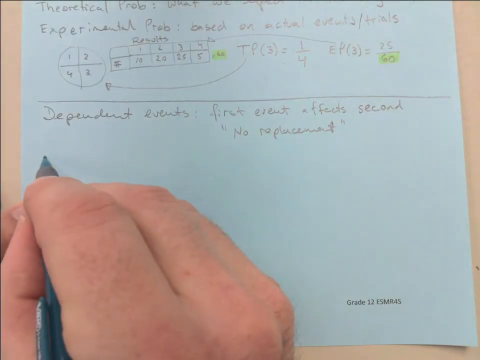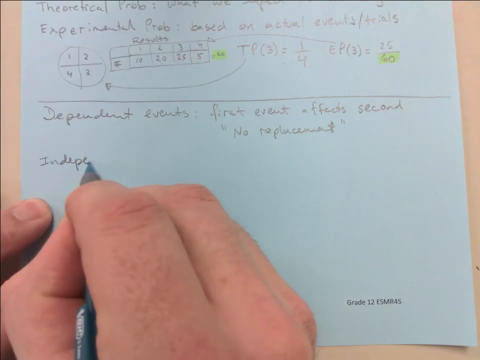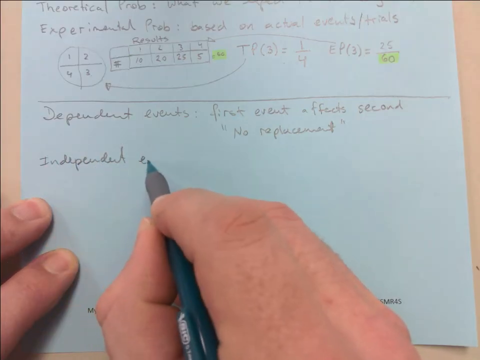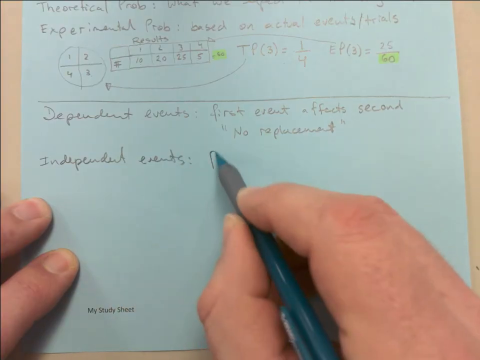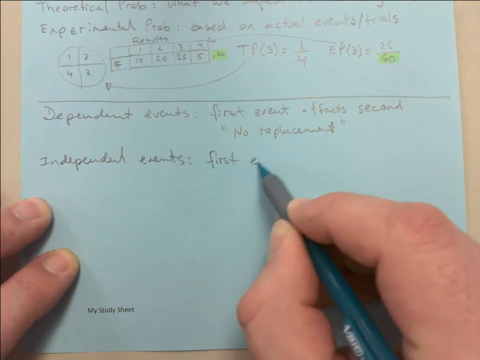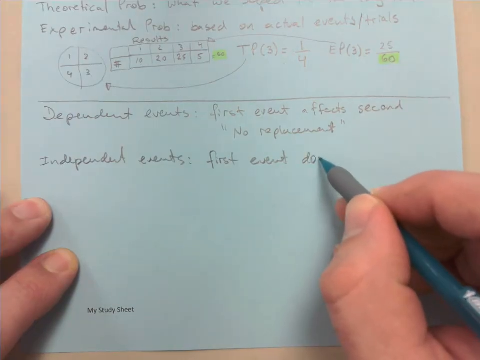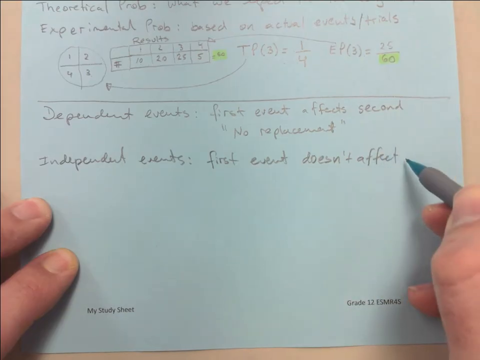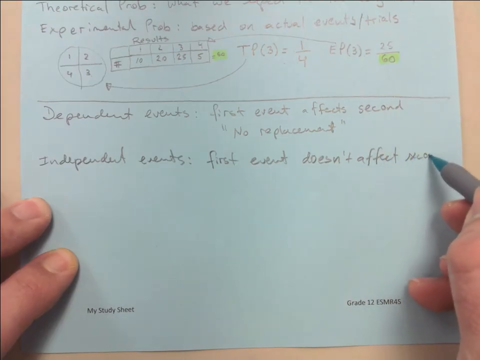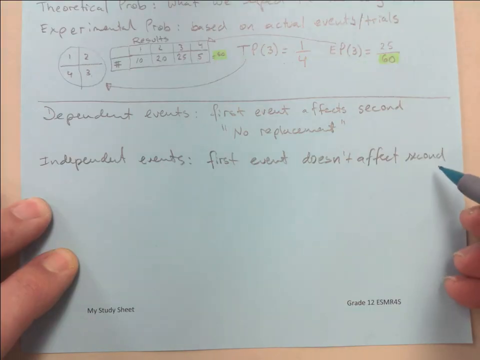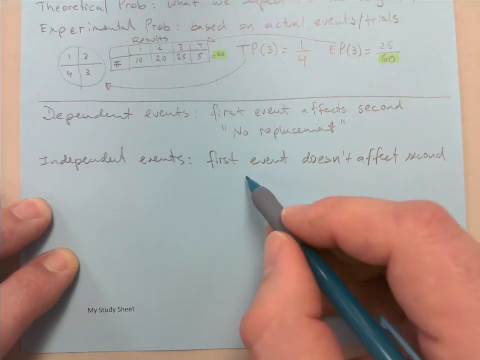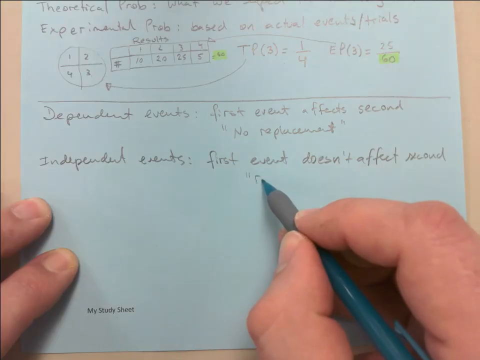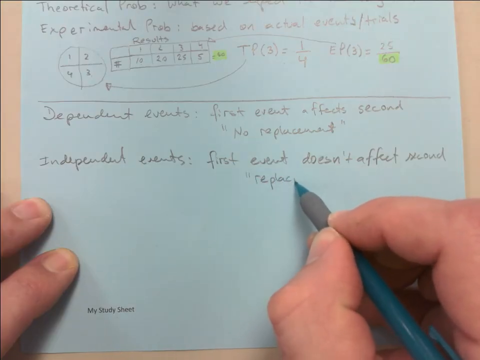Okay, so independent. First event doesn't affect second. Sorry about the scribble. Replacing items.